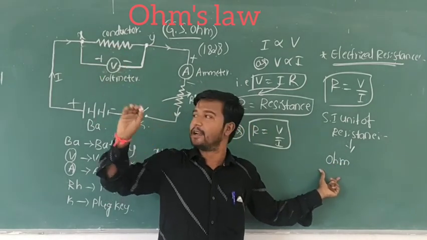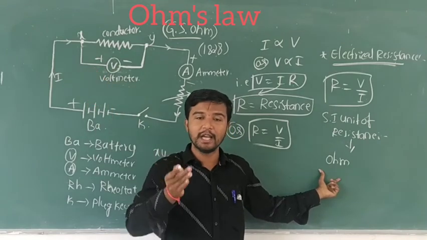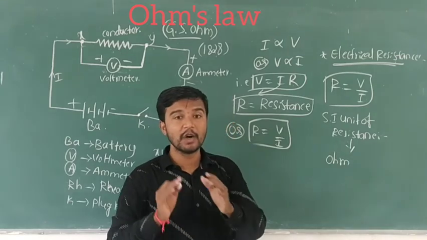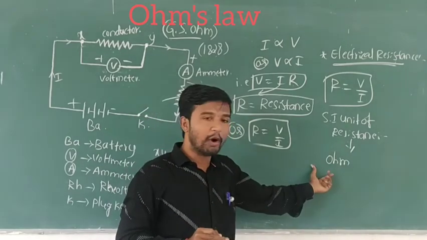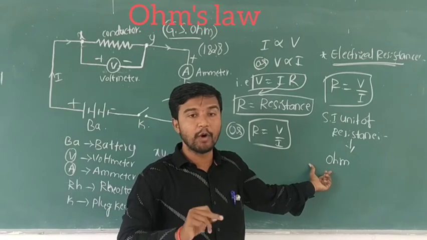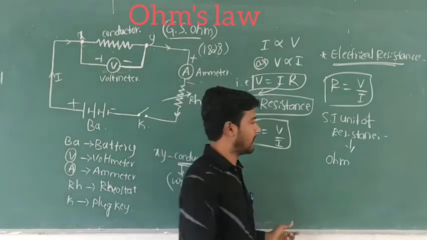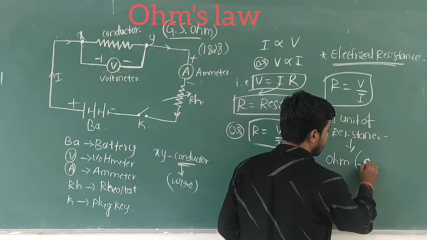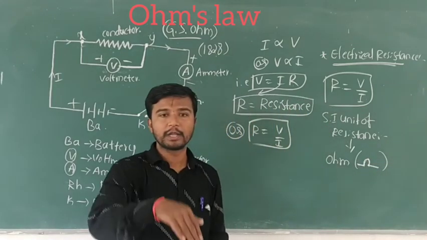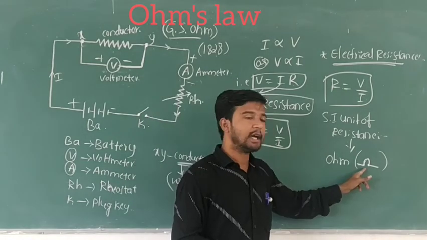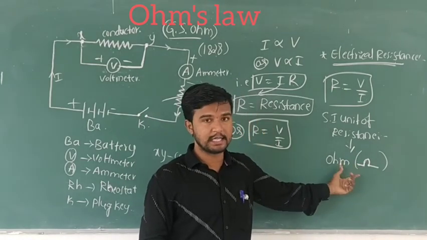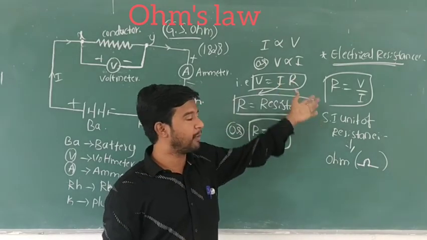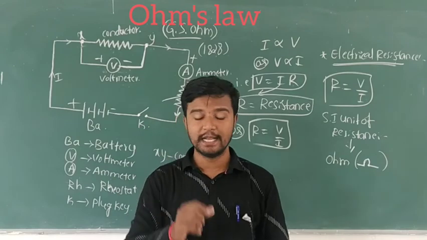The SI unit we have given to resistance is the ohm. To write the word, write OHM. But symbolically it is like a road brake hump. This is the symbol representing resistance, ohm. So this is a brief introduction about electrical resistance.